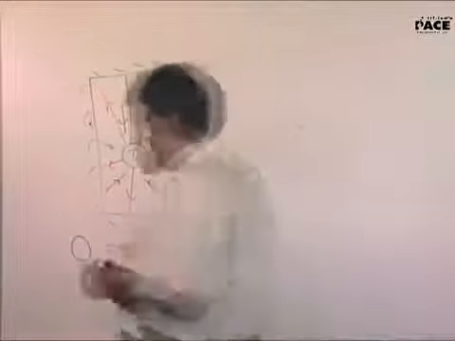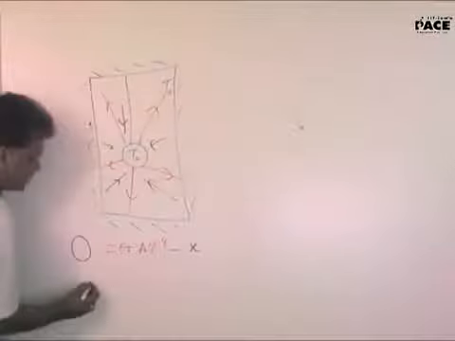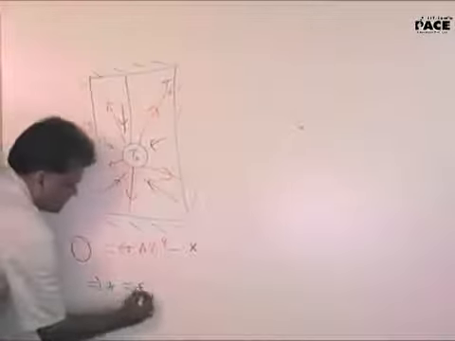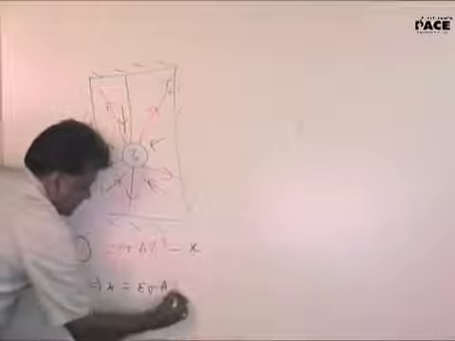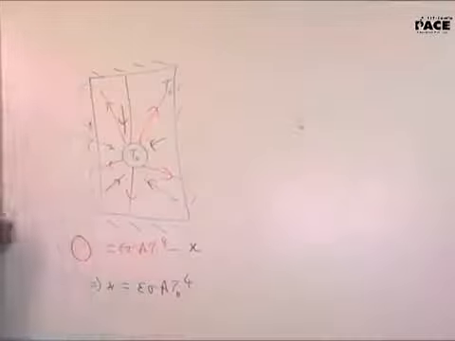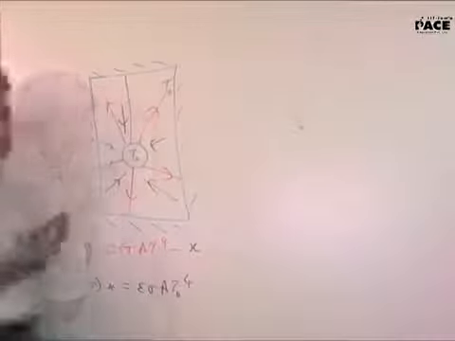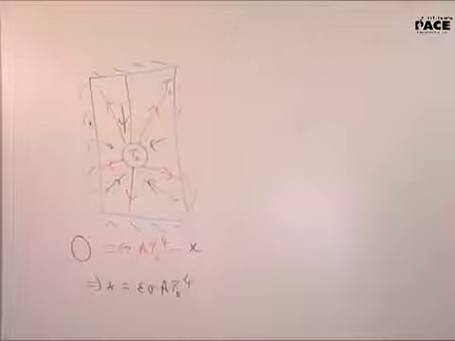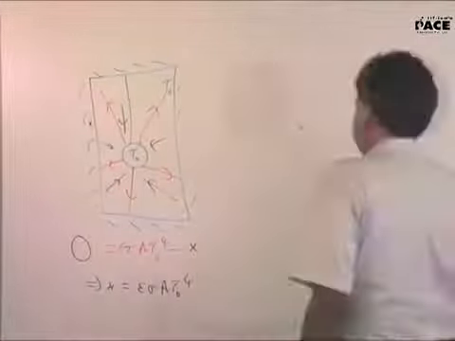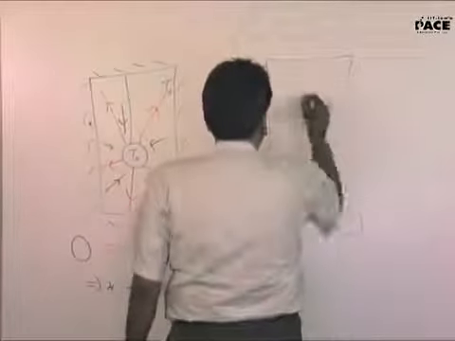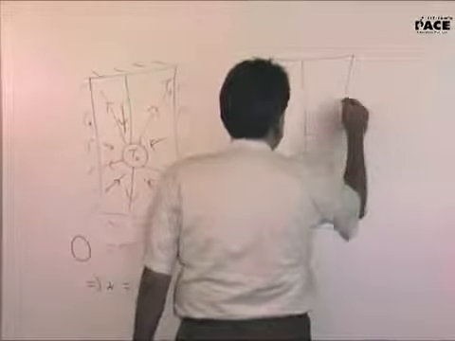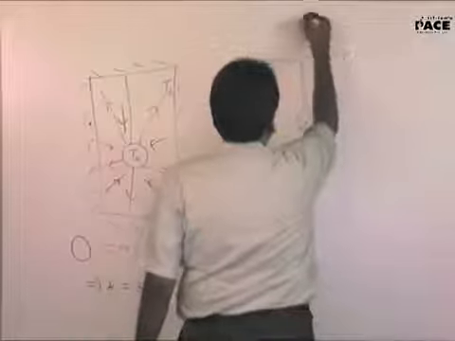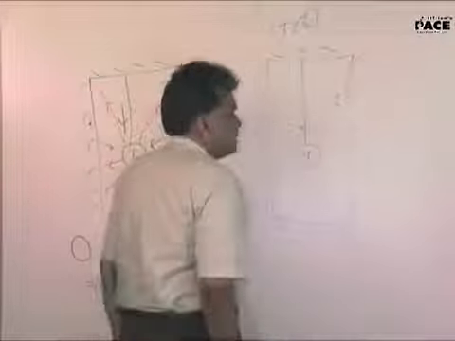So we know that X happens to be equal to epsilon sigma A T0 power 4. This is supposedly T0, right? So what it absorbs is epsilon sigma A T0 power 4. Now let us say the temperature in the second experiment, this is T and this is T0. T is greater than T0. Now what will happen?